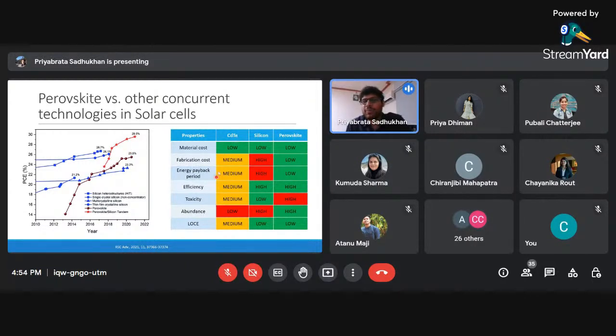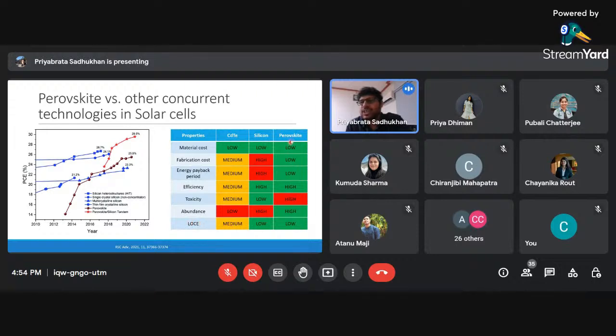In this table, I have compared the different properties of 3 different photovoltaic technologies. First one is cadmium telluride, CdTe, then silicon and perovskite. You can see that the perovskite possesses green marks on most of the criteria, like the material cost, fabrication cost, energy payback period, the efficiency, abundance, and LCOE. LCOE is the levelized cost of electricity.